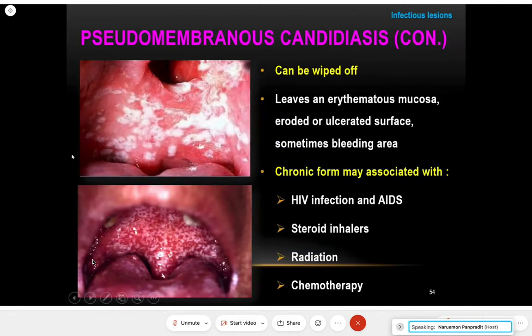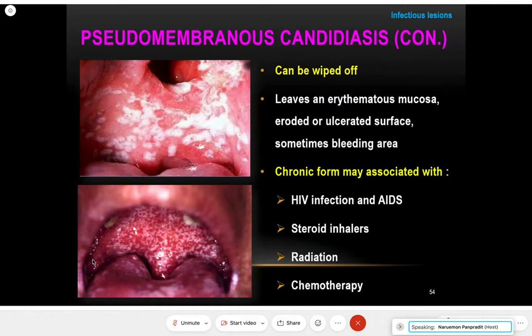This can involve not only the buccal mucosa but the entire oral mucosa, like the soft palate and the posterior part of the tongue. In the case of the soft palate and posterior tongue, you have to think about whether the patient uses a steroid inhaler, for asthma for example.